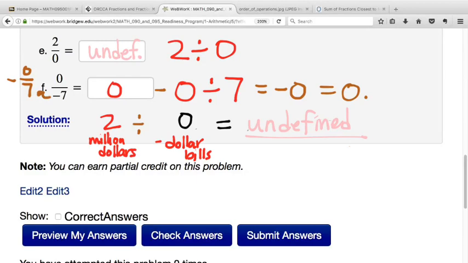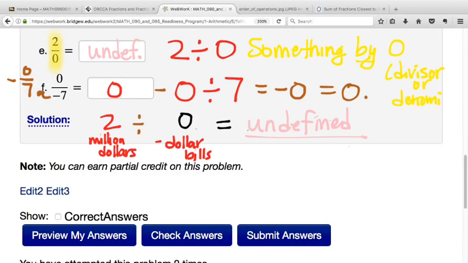If you're dividing something by 0, then it's undefined. Okay. Yes. If you're dividing 0 by something, then it's 0. Yeah. So dividing something by 0, in other words, having 0 play the role of the divisor or the denominator, that gives us an undefined quantity.